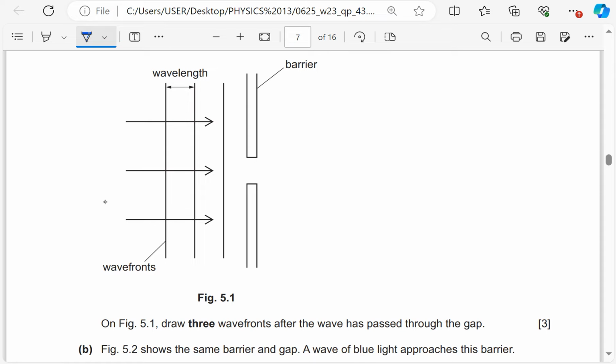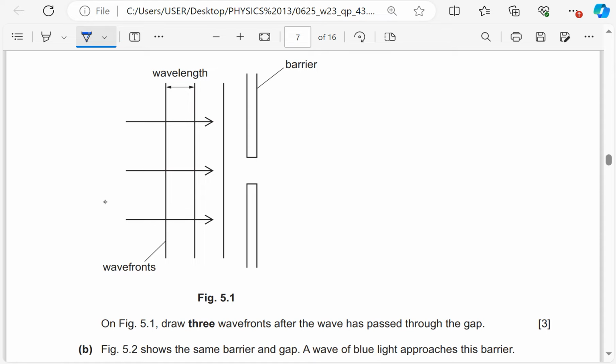From my computer, measuring from crest to crest, this is approximately 1.2, and the size of the gap is also about 1.2. So the size of the gap is approximately the same as the wavelength.